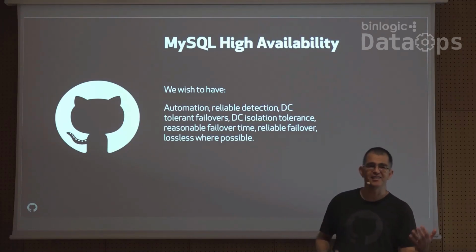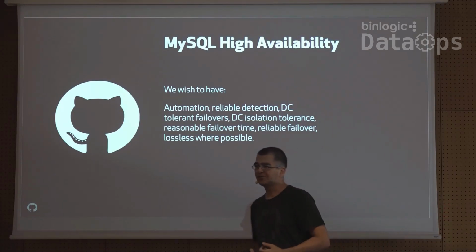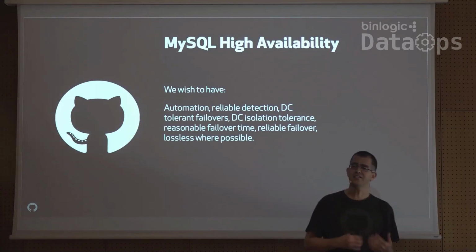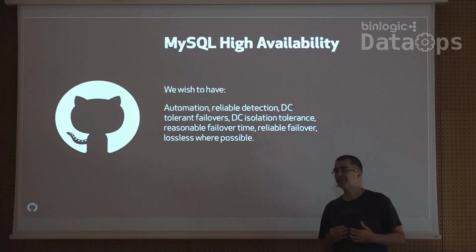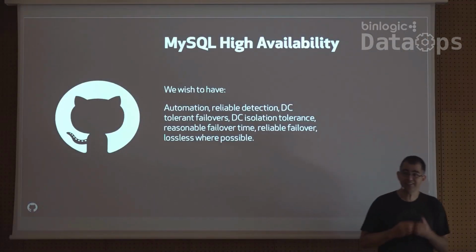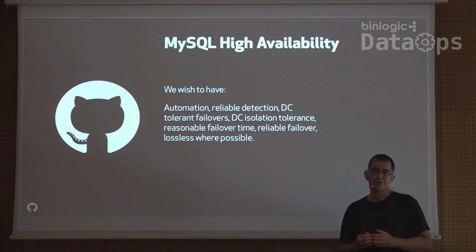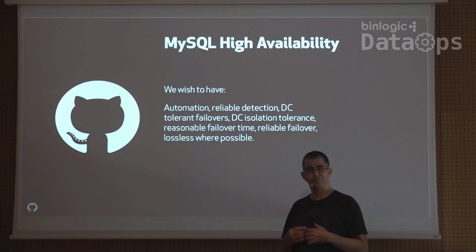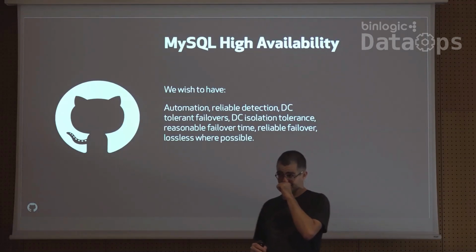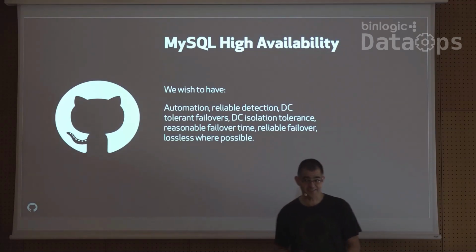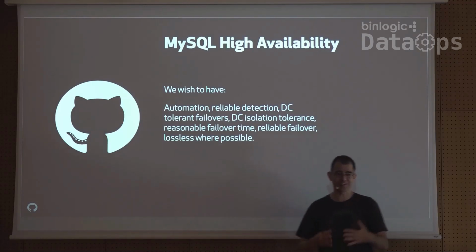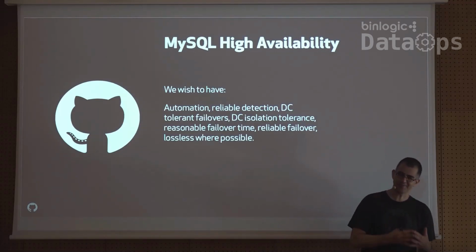So if a master dies, it reliably fails over to a new master. And it doesn't just reliably fail over, it needs to reliably detect the failure and hopefully not fail over for nothing. So we want to avoid false positives. Obviously, we want to avoid false negatives. We want every failover to be justified and every failure to be failed over.